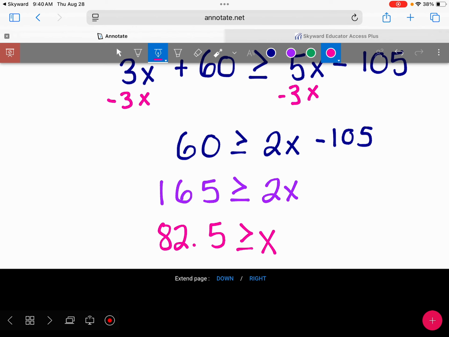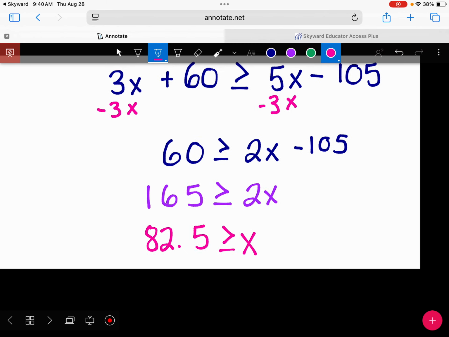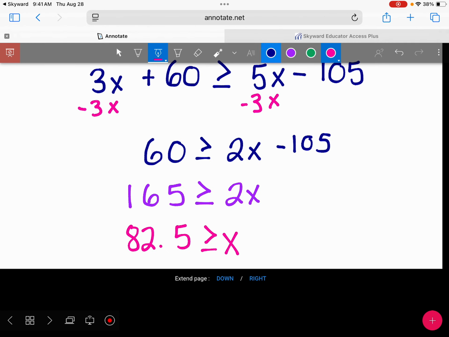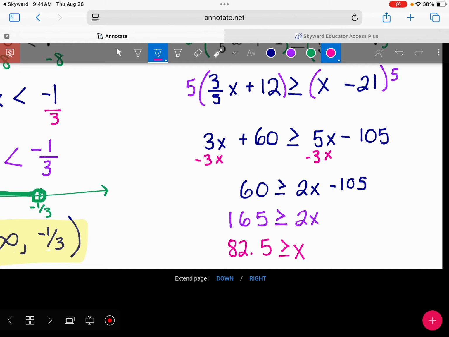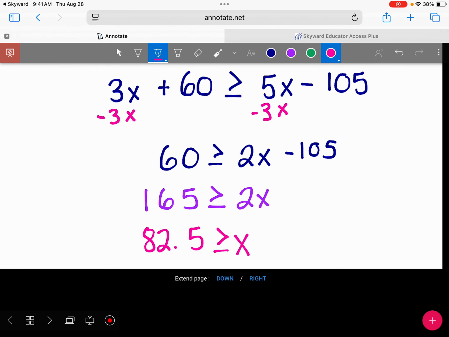So if we know that 82.5 is going to be greater than or equal to x, what is our interval going to be? Is x bigger than or smaller than 82.5? When your x is on the wrong side, be really careful, because I have my 82.5 and my x can equal or be smaller.